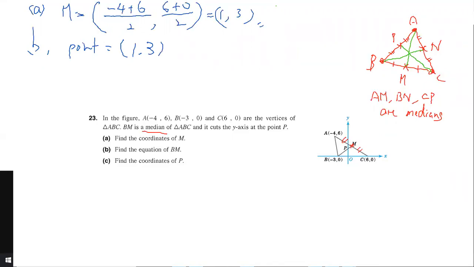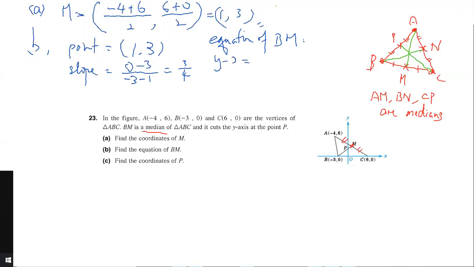Okay, and then the slope of BM. Because we have the coordinates of 2 points, so we can use the y2 minus y1 over x2 minus x1. Okay, and then it should be equal to positive 3 over 4, right? Positive 3 over 4. And then the equation of BM can be found by y minus y1 equals m times x minus x1.